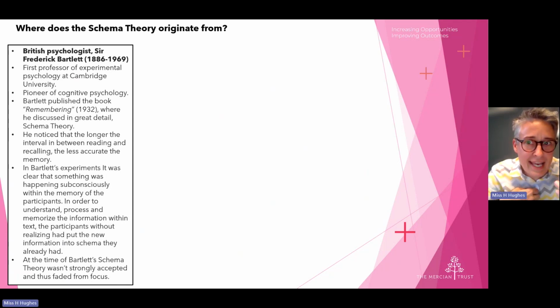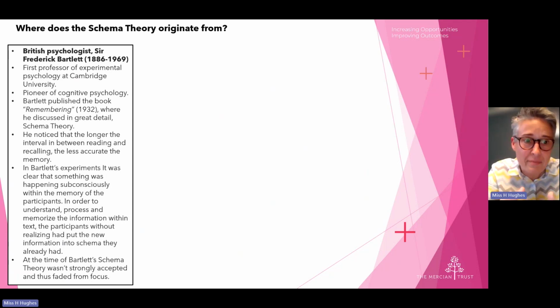It was all about Native Americans, and ghosts in Native American culture. The idea was that without realizing, they were attaching new facts to what they already had in their heads, in their memories. So they were attaching it to points that they already had before the experiment started.